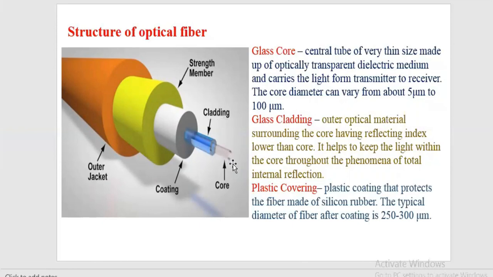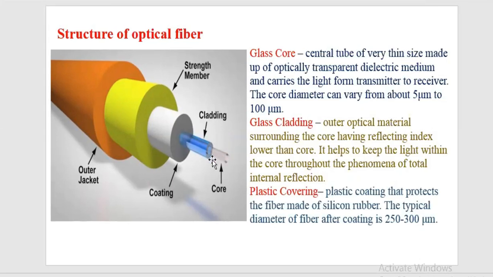Here we have to remember that light passes through the core material. So that the light rays do not escape from the core, cladding material of lower refractive index is surrounded on the core, such that the rays undergo total internal reflection in the core material.